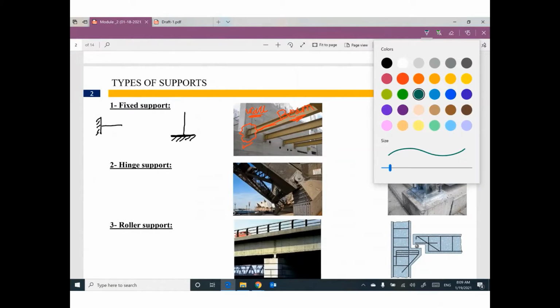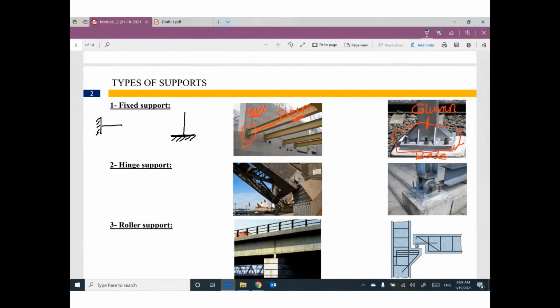Just to remember, if you have fixed support, fixed, no rotation. No translation. We don't have rotation, we don't have translation. So we have 3 reactions: vertical reaction, horizontal reaction, and moment. If you prevent the rotation of the support, that means we have a moment as a reaction.